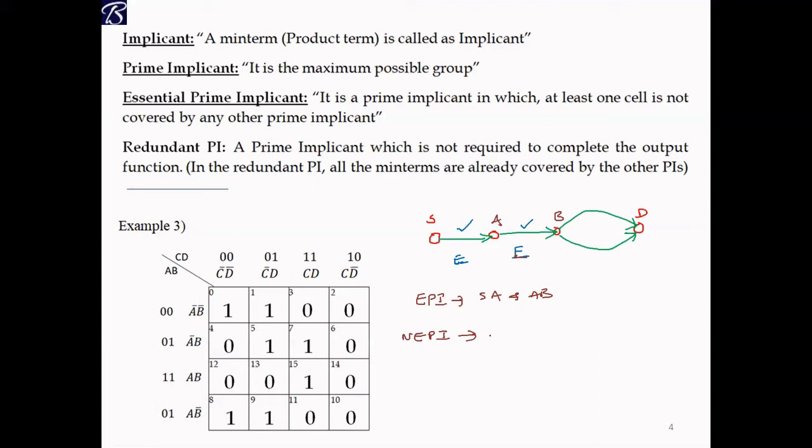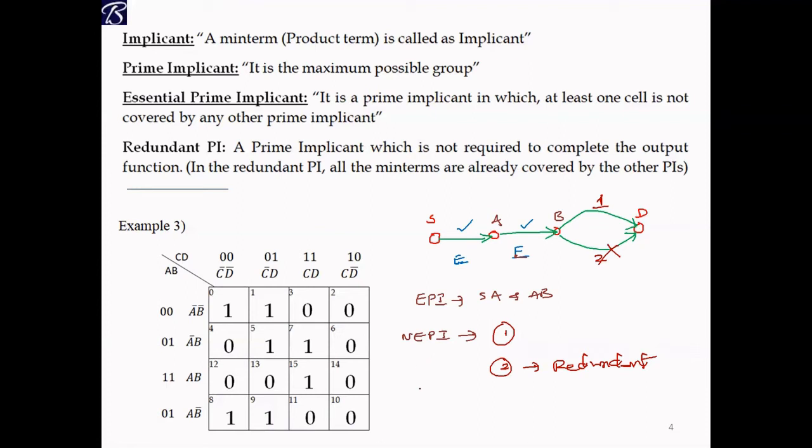Let us name them 1 and 2. If you take 1, then 2 becomes redundant, because the output function is already completed.